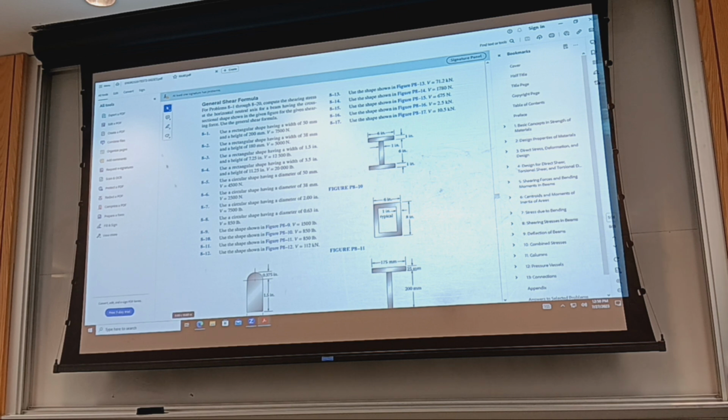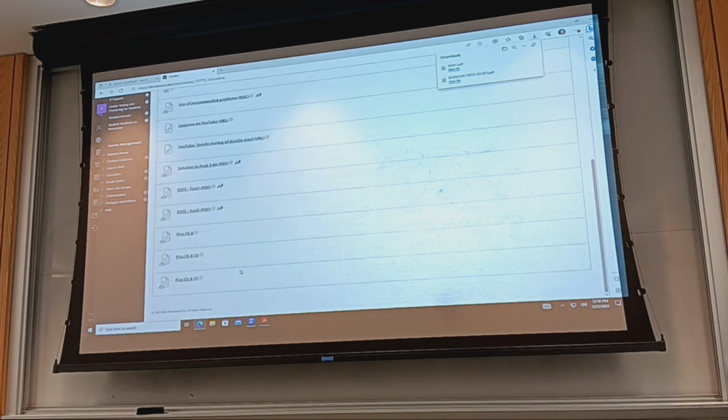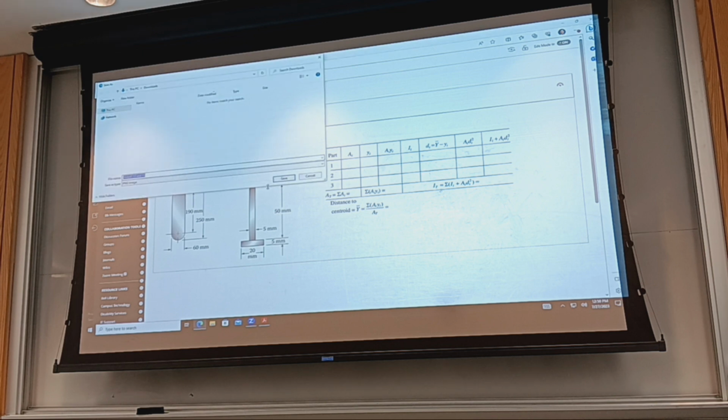Let me bring up, because I took a screenshot, it's chapter 8. Let me download this, save image as downloads.